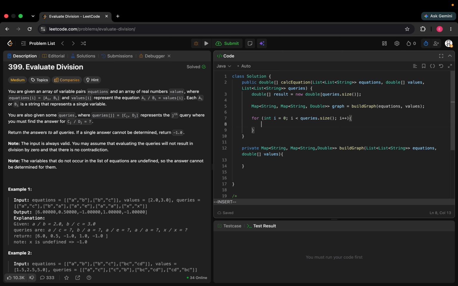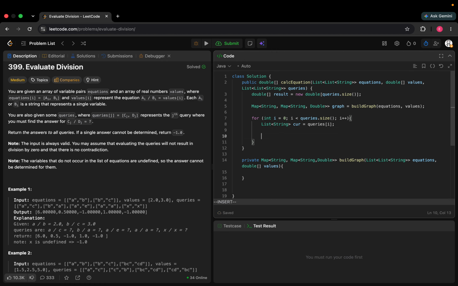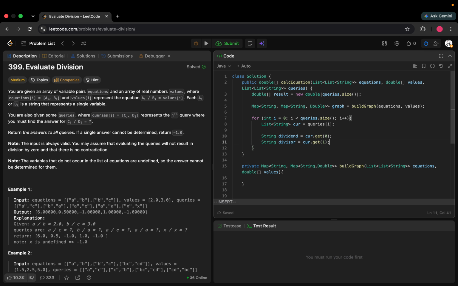When we find the query, list of strings cur, and also we have the string dividend equal to the cur, the first one, and the divisor, get one here.